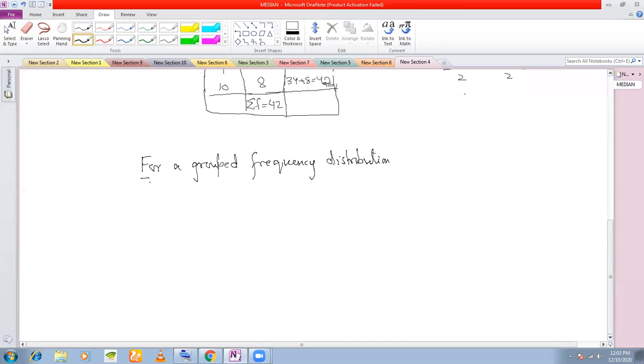For a group frequency distribution, median is equal to L plus C by F, sometimes written as I by F also, N by 2, where N is summation F, minus capital F. Or we write CF also, but let's write CF.